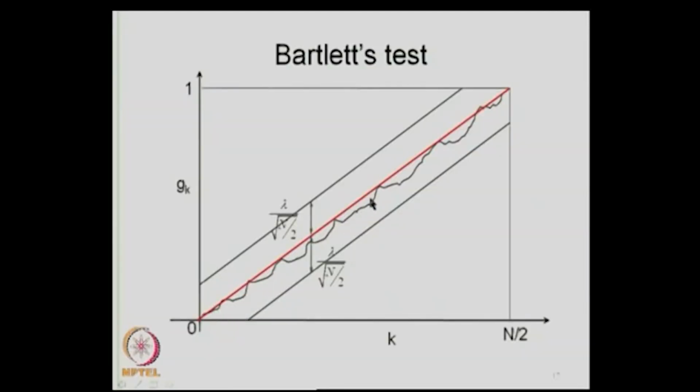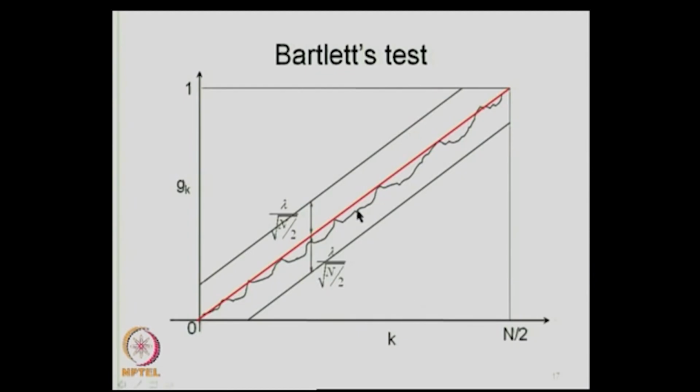In most cases, if the models are acceptable, the residual series typically lies well within the bounds that you have drawn. It hardly comes very close to these bounds. In fact, when I discuss the case studies, it will be clear.